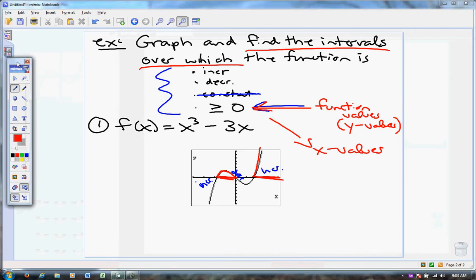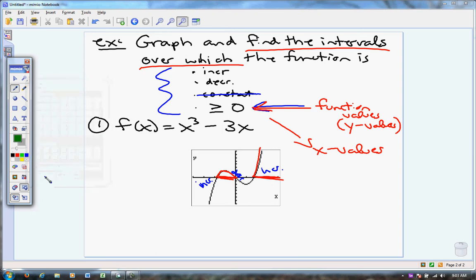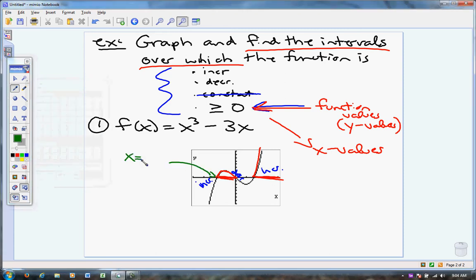And now I know, I need a different color. I know that this x value right here is negative 1.73. And this x value is positive 1.73. We just found that using the graphing calculator. So to answer this, what are the intervals over which it is greater than or equal to 0?